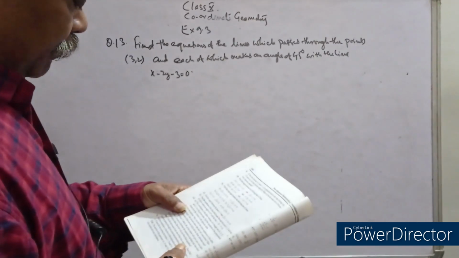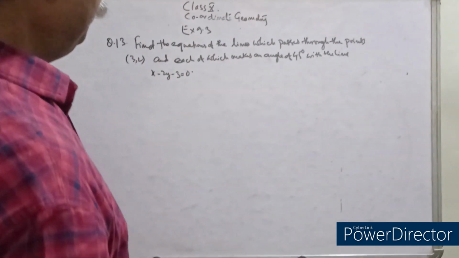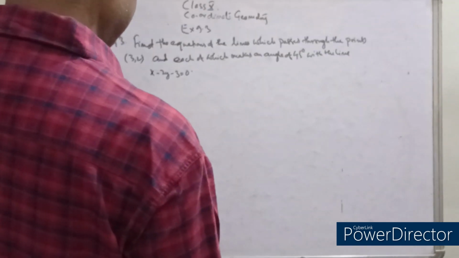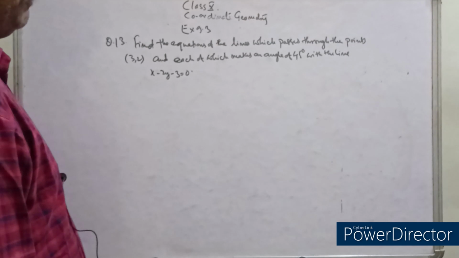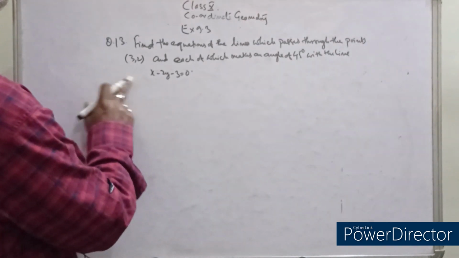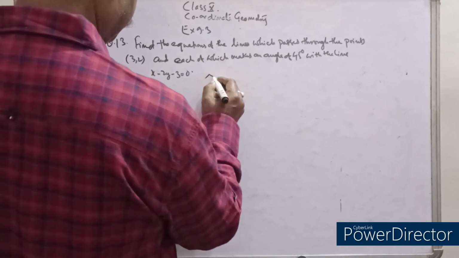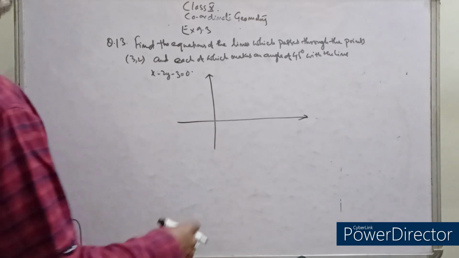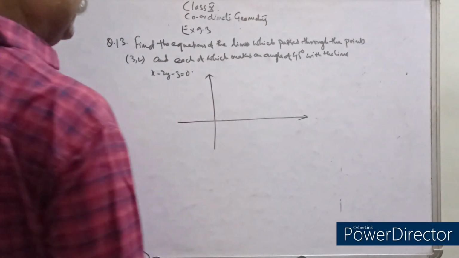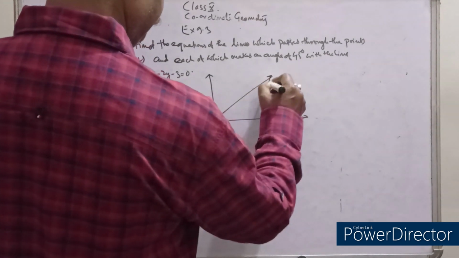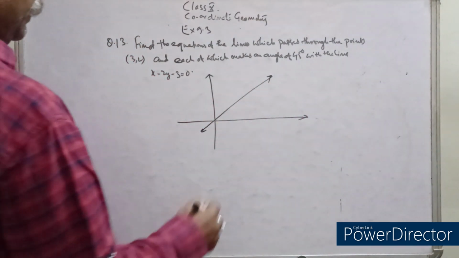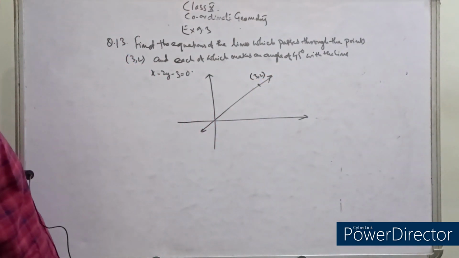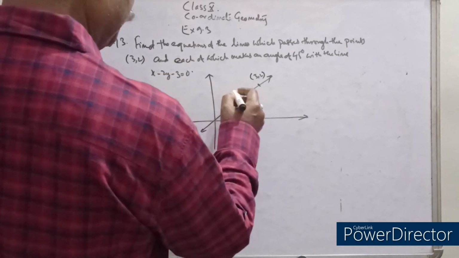So now here, find the equation of the line which passes through the point, and each of which makes an angle 45 degree with this line. That means here there is a line, say let this be a line, not to the scale, and which passes through the point 3, 2, and the angle between these two lines.